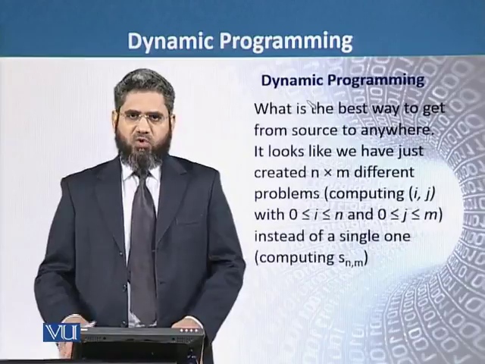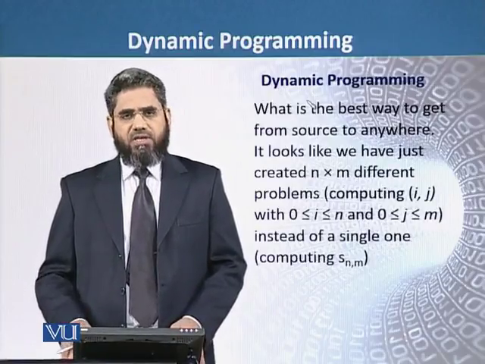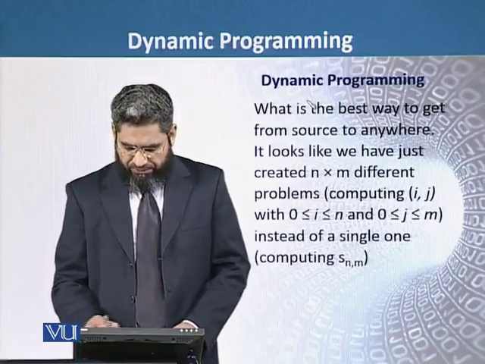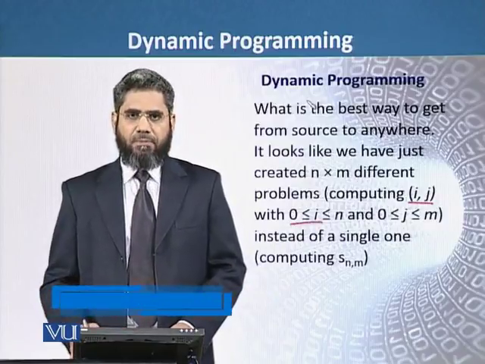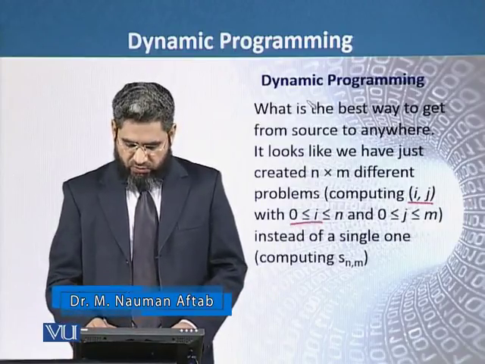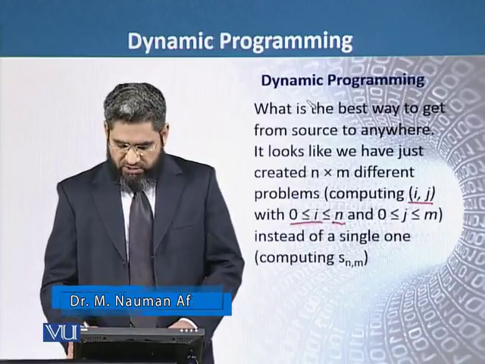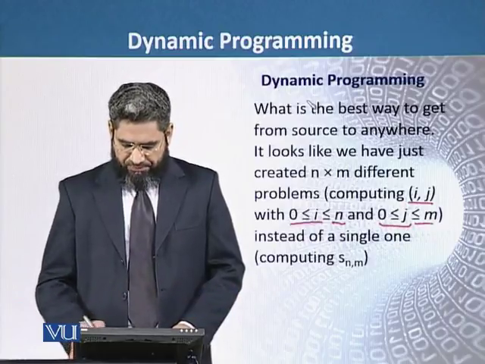And after solving this, we can apparently see that it has created a different computing problem S(i,j) with 0 less than or equal to i and i less than or equal to n, and similarly, on the other hand, 0 less than or equal to j and j less than or equal to m.